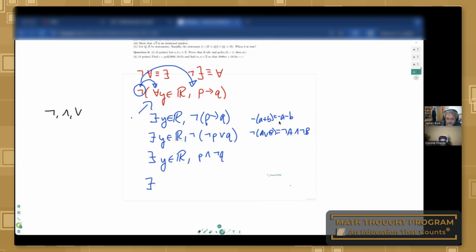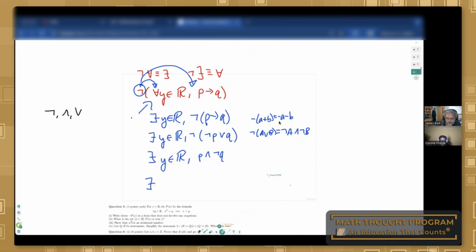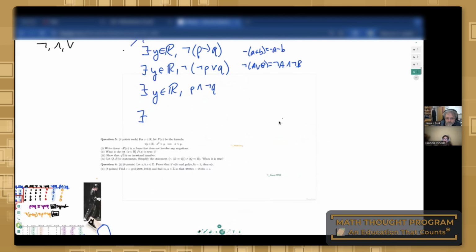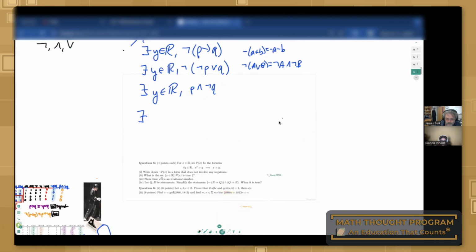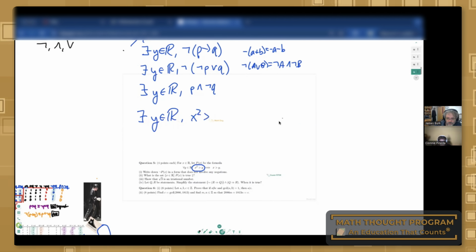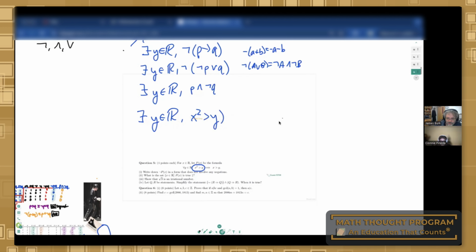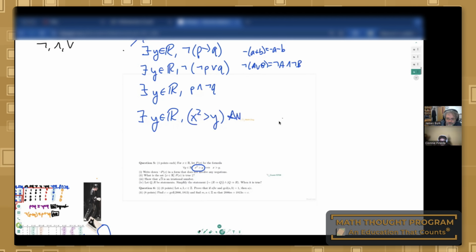Now let me grab that statement again. Here we said P is going to correspond to that piece. So I'll articulate it again: x squared is going to be greater than y, and then the word and. When I'm looking at Q, I want to take its negation.